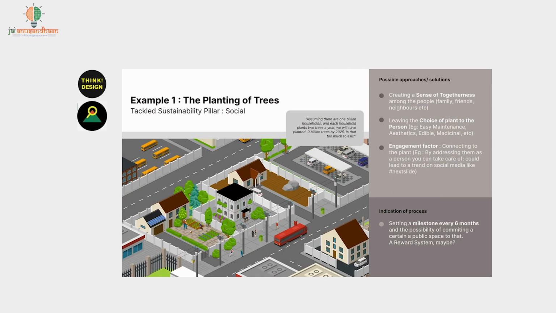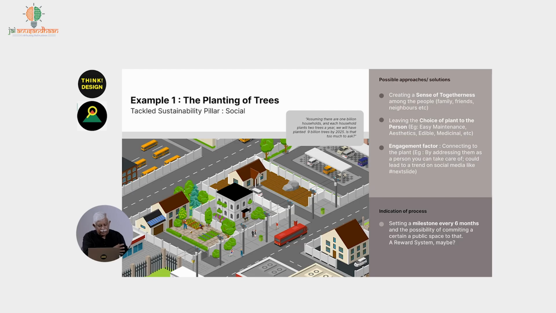Okay, so let's look at some of the scenarios. For example, one could be a drive of planting trees within the society itself. It could be plants or trees. You need to make people feel that the society is together in this. So you share whatever you want to do with the people, and you get the whole society engaged in this activity.